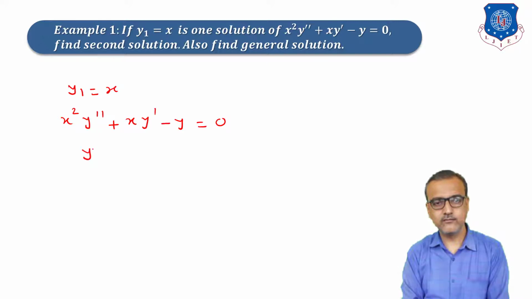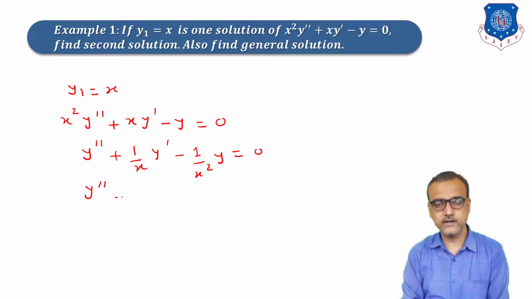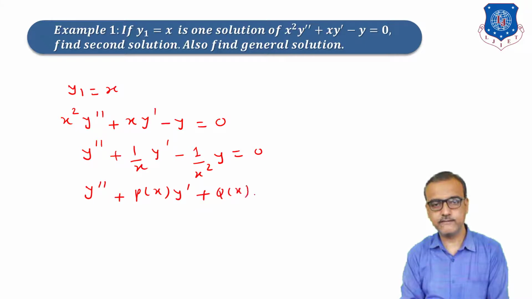So we have y double dash plus 1 upon x y dash minus 1 upon x square y equals to 0. Now we compare this with the standard form y double dash plus p of x y dash plus q of x y equals to 0. So by comparison, p of x equals 1 upon x.